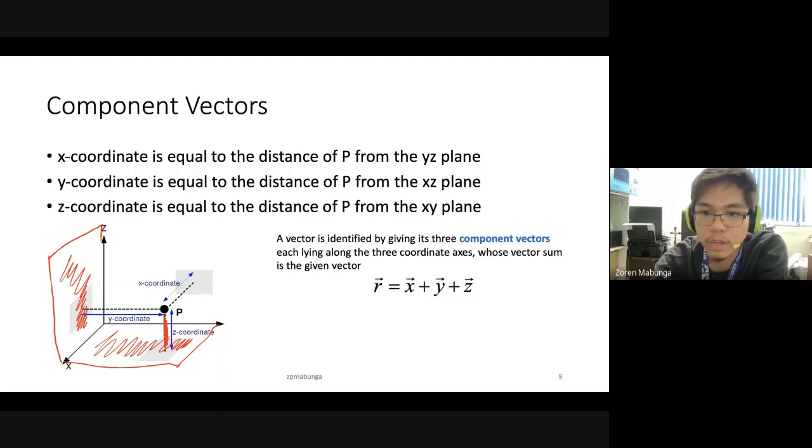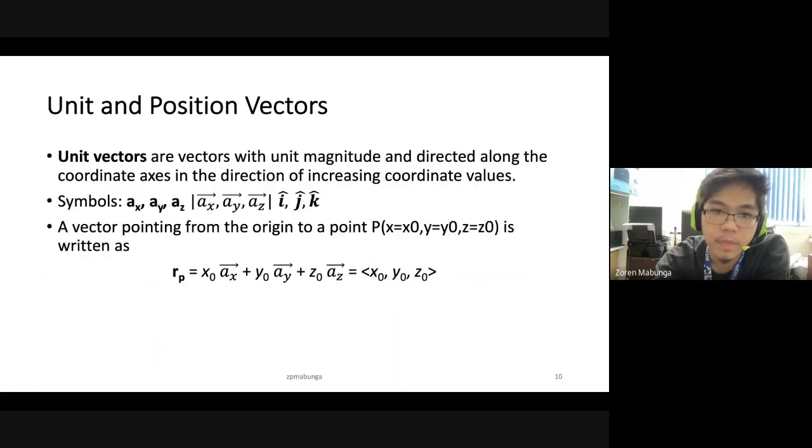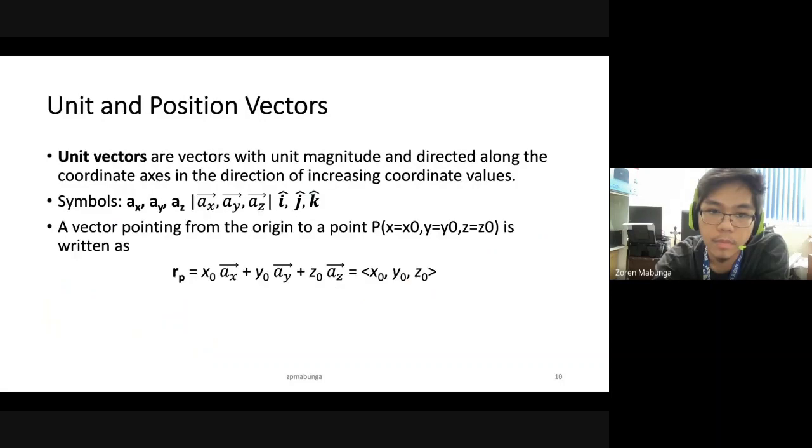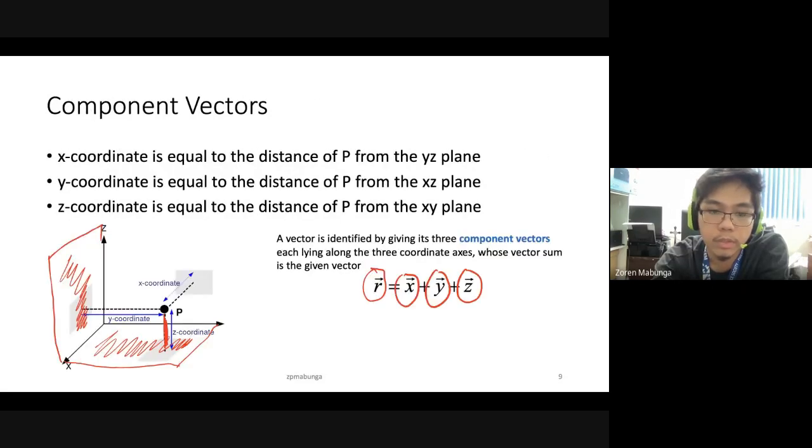Vector R, ang component vectors niya ay si X, si Y, and si Z. Para mabuo ang isang vector in Cartesian, meron kang 3 component vectors: X, Y, Z. Okay, any questions sa component vectors?